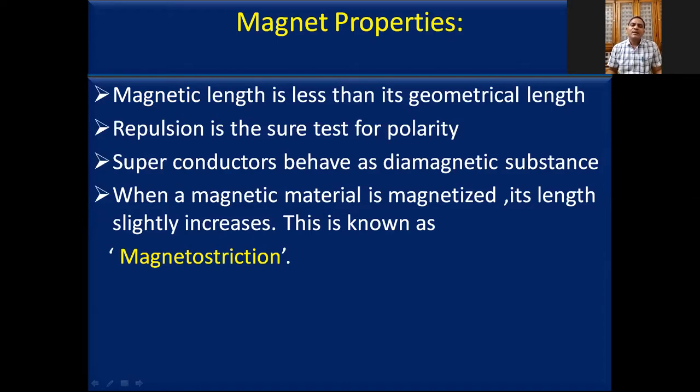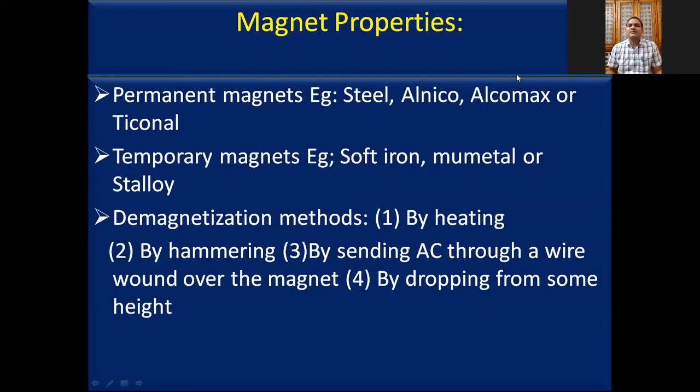When a magnetic material is magnetized due to the alignment of atomic magnets or molecular magnets parallel to the field direction, its length slightly increases. That phenomenon is called magnetostriction. After that, we classified the magnets. There are two types: permanent magnets and temporary magnets. Examples of permanent magnets are steel, alnico, alcomax.